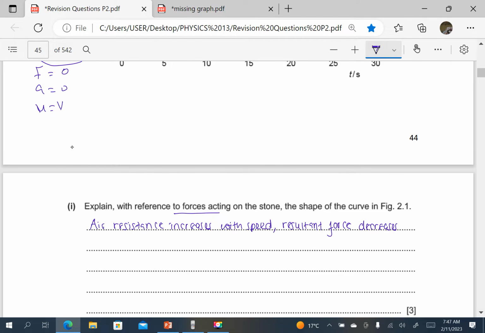The resultant force decreases as speed increases, so the acceleration decreases. So acceleration decreases as speed increases.